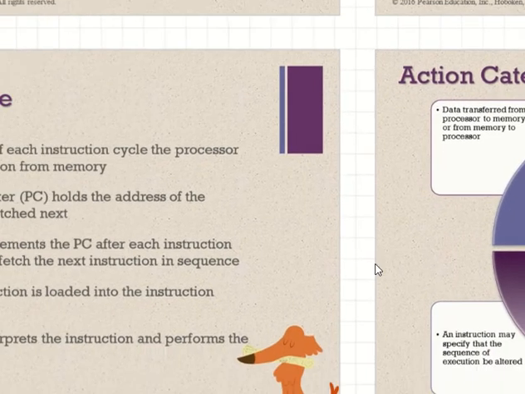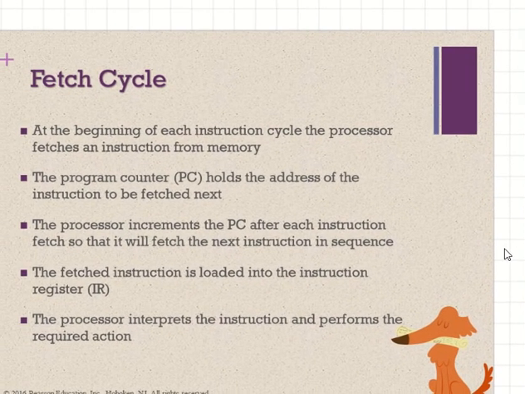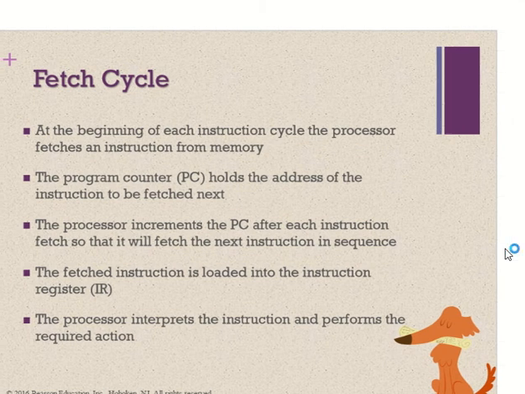But let's go in depth. What is a fetch cycle? So when you look into the fetch cycle, at the beginning of each instruction cycle, the processor fetches an instruction from memory. Okay, how does it fetch an instruction from memory? Because of the program counter. A few slides back, I said PC is a program counter, a register that holds the address of the instruction to be fetched next.